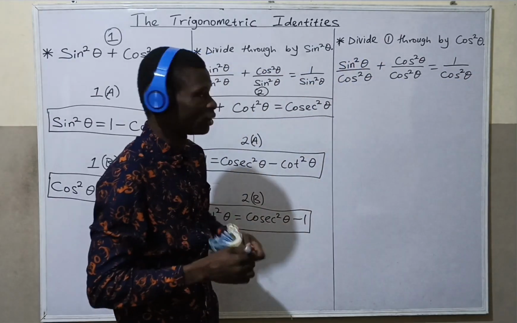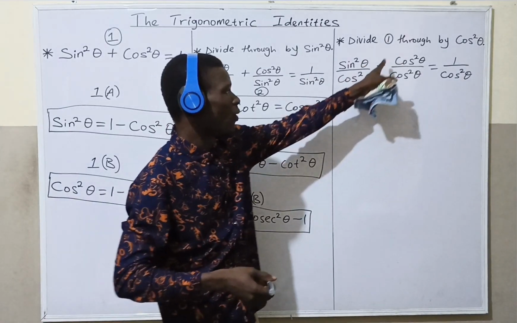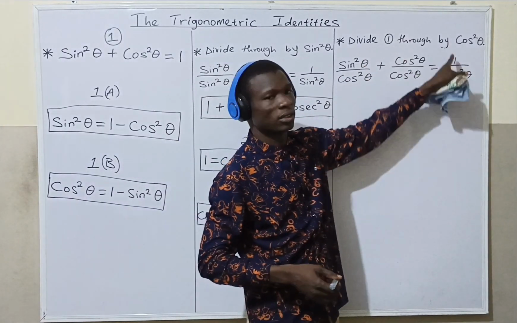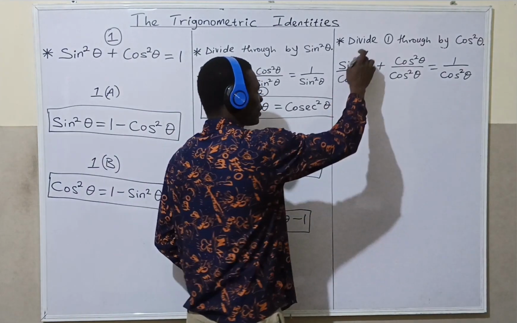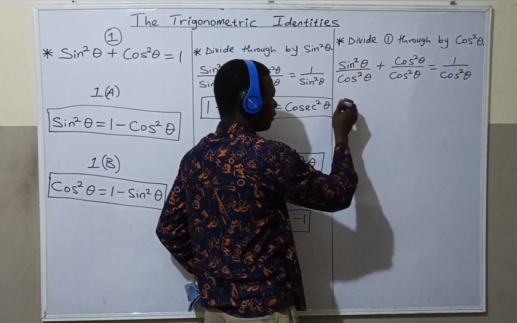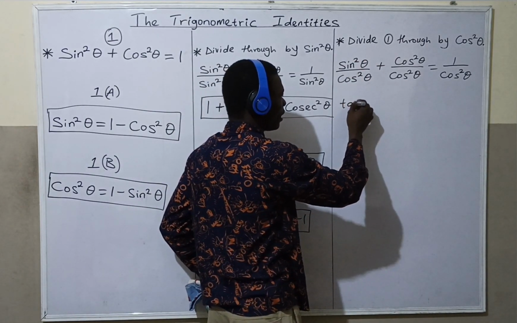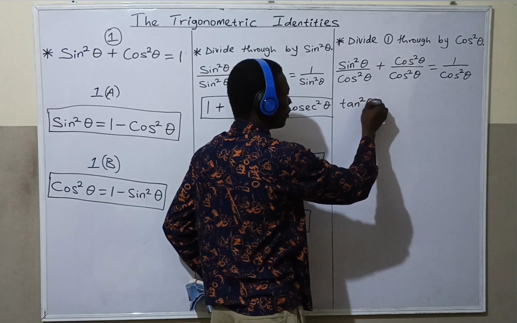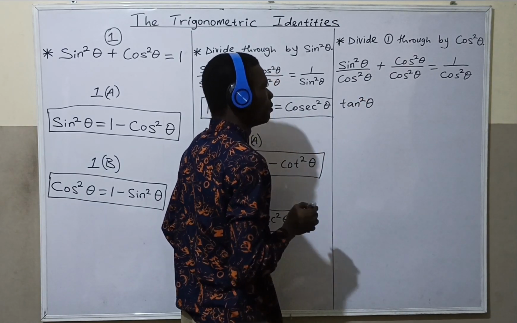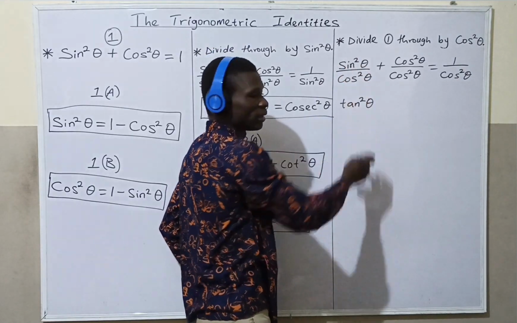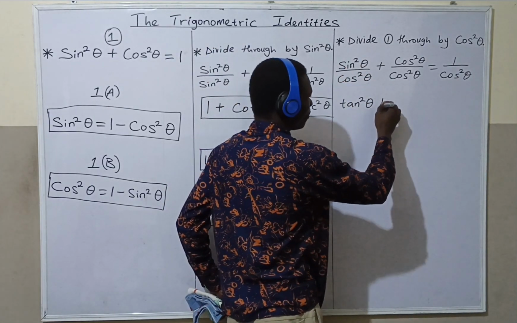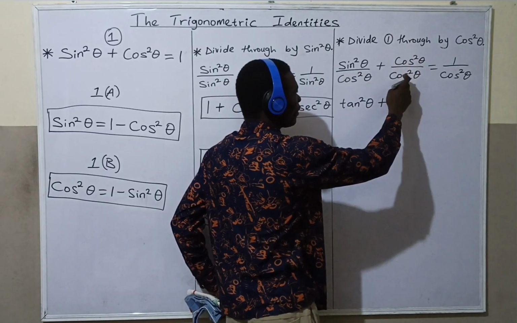So the next thing now is to see, what does this represent? What does this represent? And what does this represent? So we give them their technical names. Sin² theta divided by cos² theta, of course, is going to give us tan² theta, because we knew before now that sin theta over cos theta is tan theta, and that's going to be plus cos² theta divided by cos² theta.